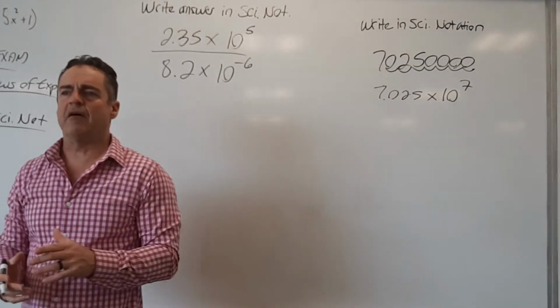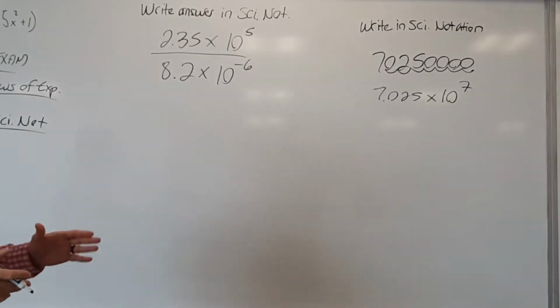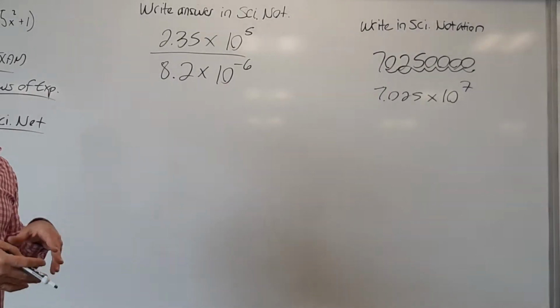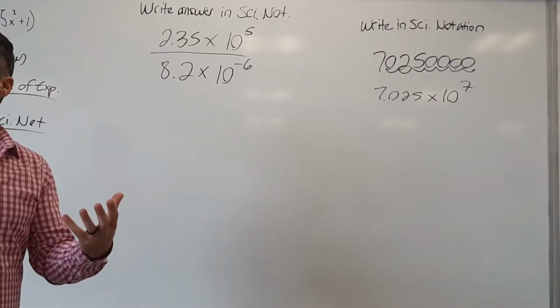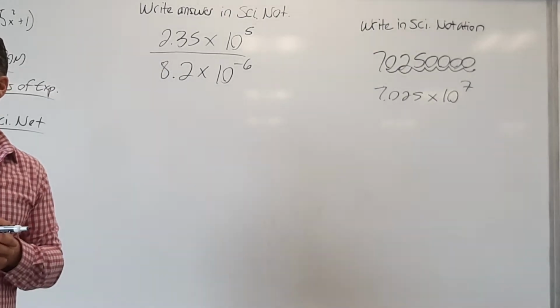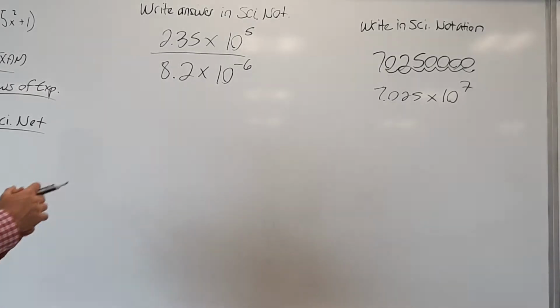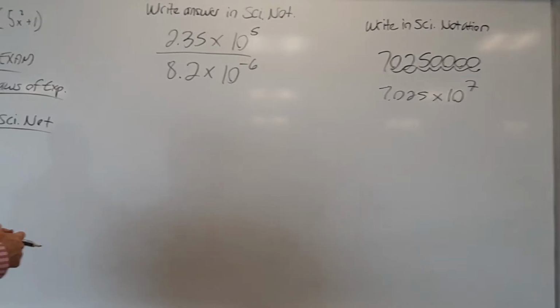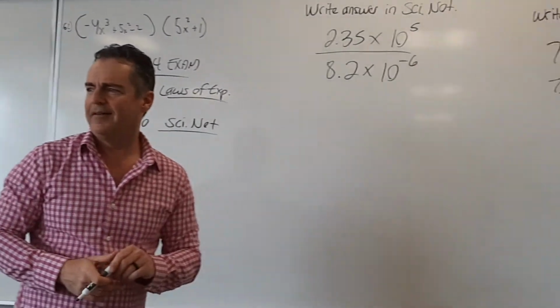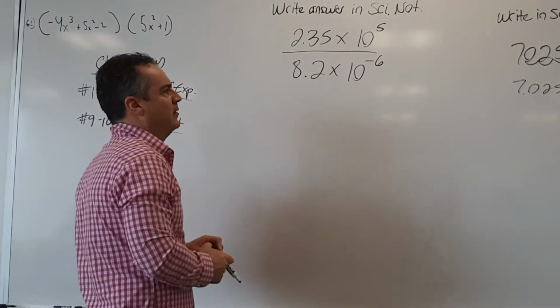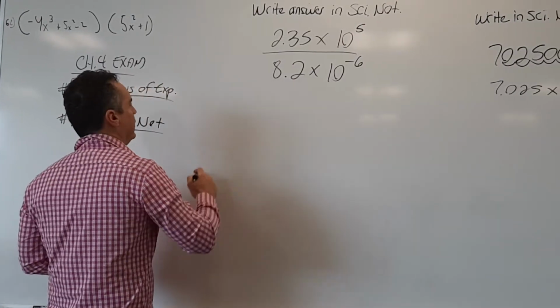It's a positive 7 because you moved the decimal left, or if you have this memorized, your original number was greater than 1. Okay? Cool? Say woo if you got that right. Sorta? Woo sorta? I didn't put the 5 at the end. Okay, you gotta have that. Can't get rid of it.